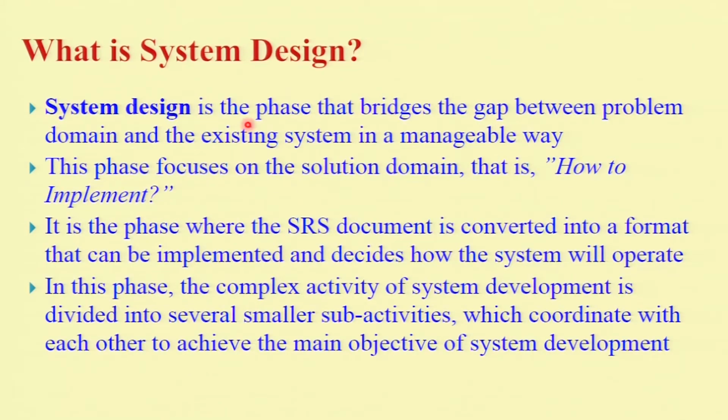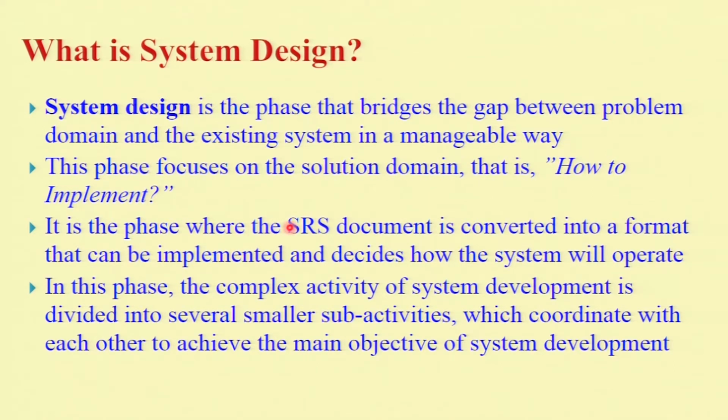The system design is the phase that bridges the gap between problem domain and the existing system in a manageable way. This phase focuses on the system domain, that is, it says how you implement. It does not say what you are going to implement, it will say how to implement.